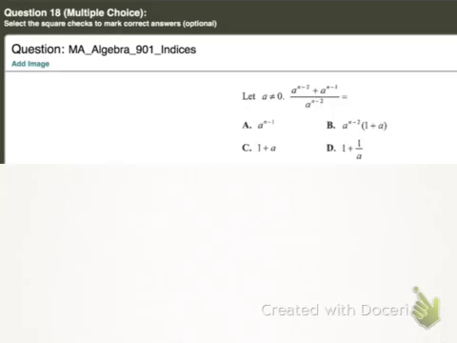Now the last question here is question 18. Note that first the condition is that a does not equal 0, because otherwise our base will be 0, then everything else will be correct in terms of expression. So what we have is a to the n minus 2, and again a to the n minus 1, all over again a to the n minus 2. So what we can do here is to take out some common term.